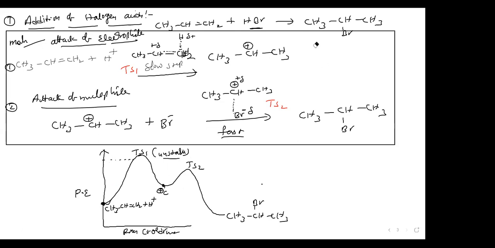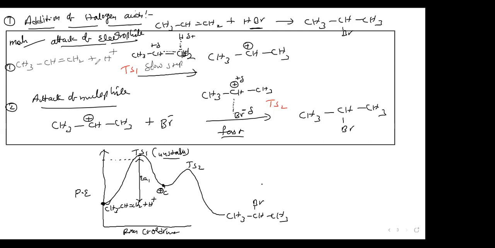More the activation energy, slower will be the reaction. Greater the activation energy, either on the left side or the right side, it doesn't matter. So higher the activation energy, slower is the reaction.